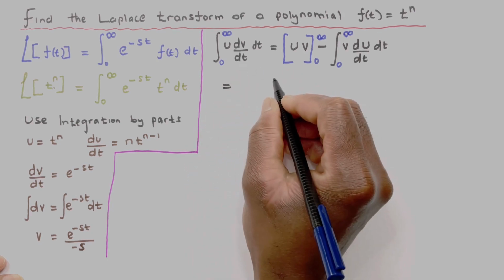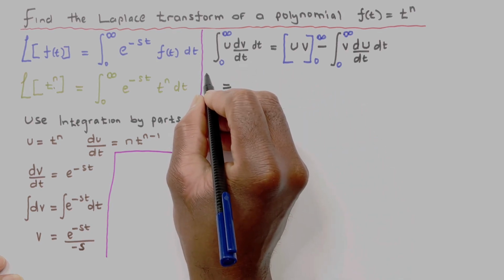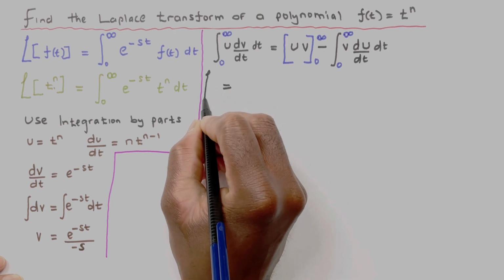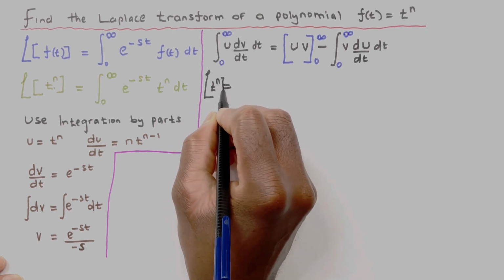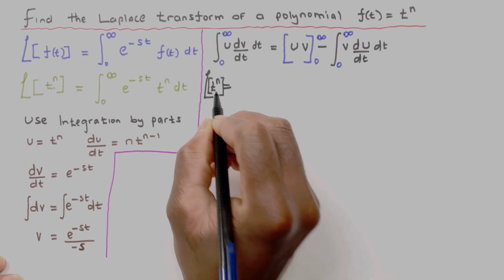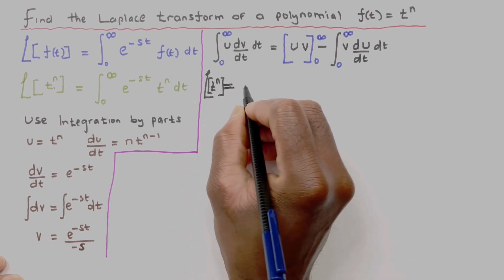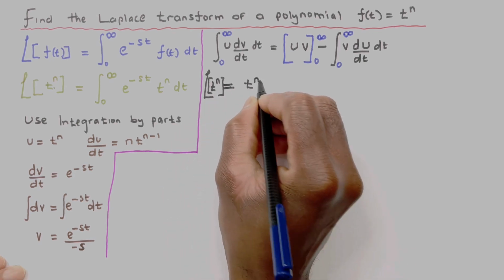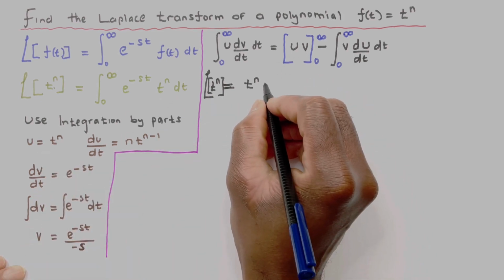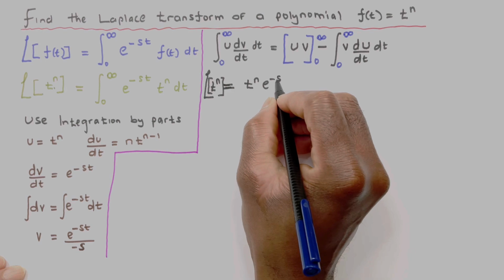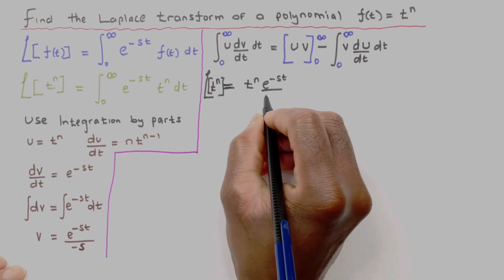And we can write the Laplace for this integral, and we know what u is, t to the power of n, and we know what dv dt is.